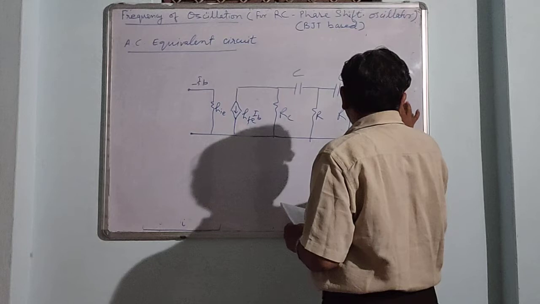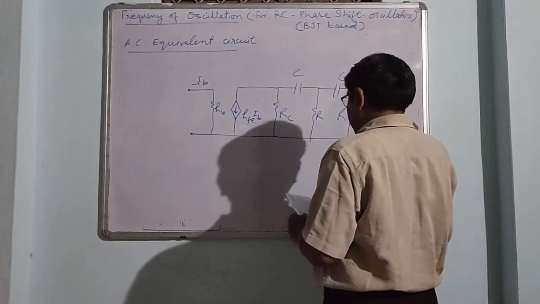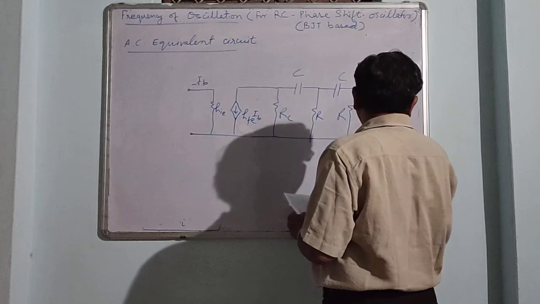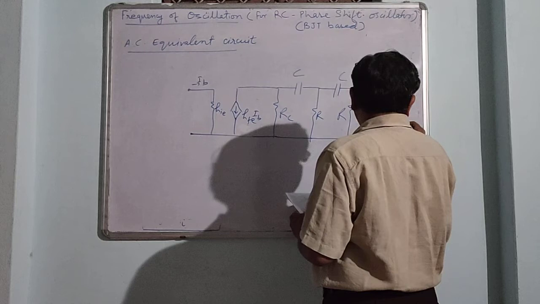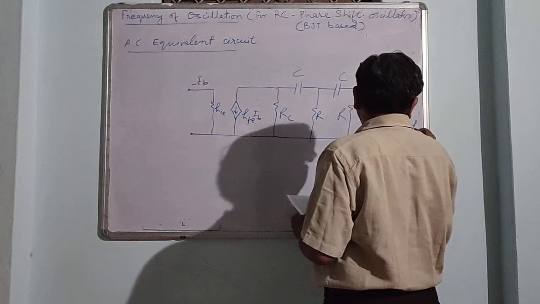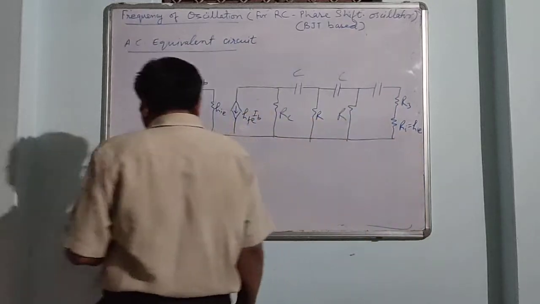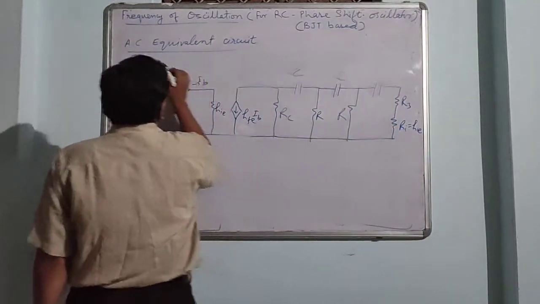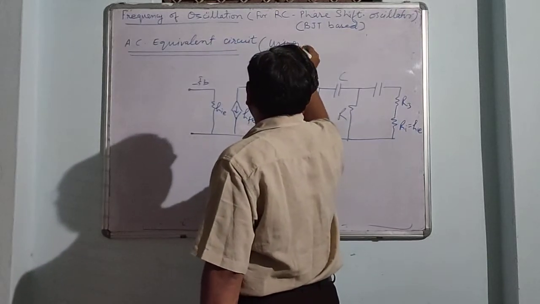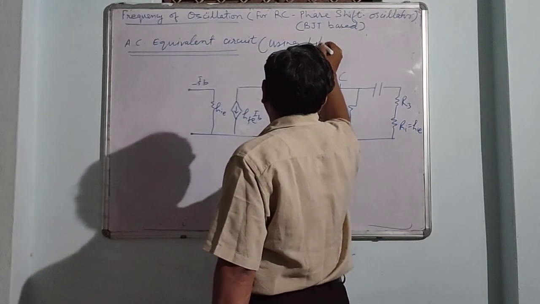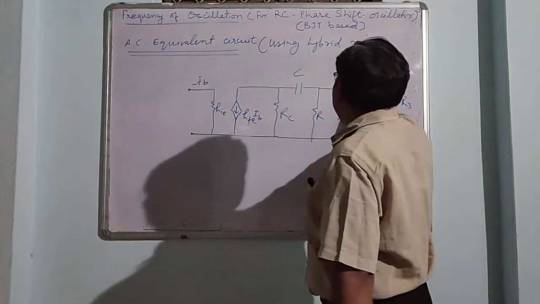And in this last step, we have a combination of two resistances. One is R3, another is the input resistance, which is hie. So this is the AC equivalent circuit using the hybrid pi model.